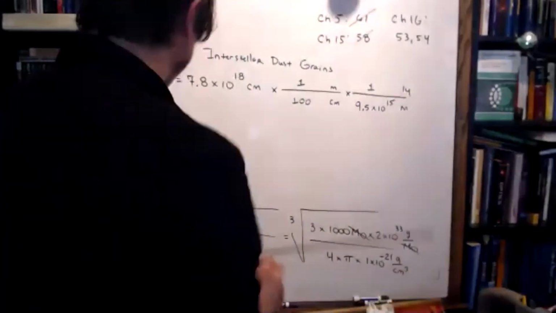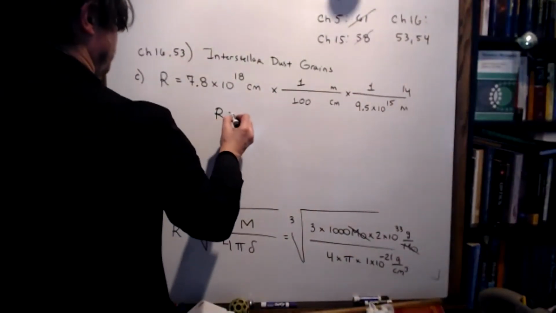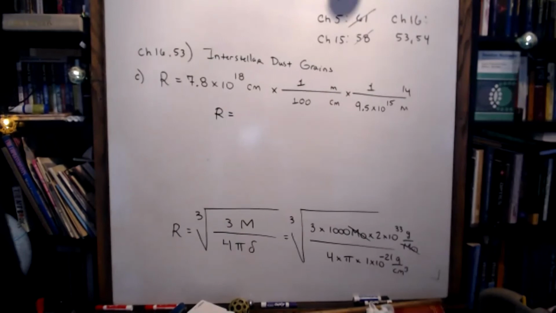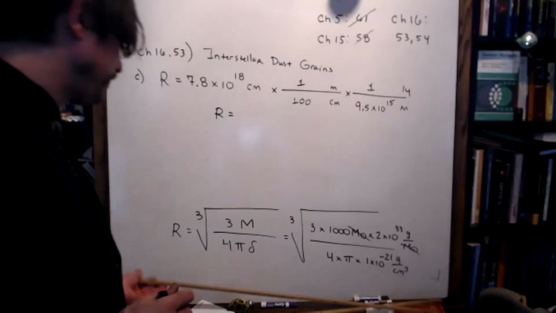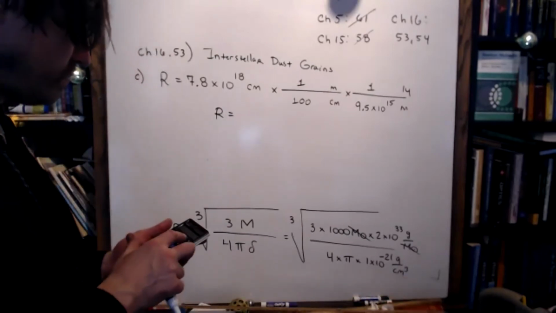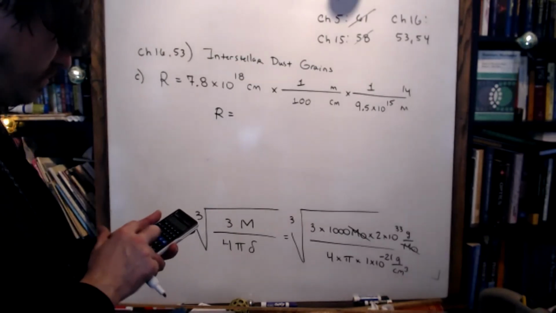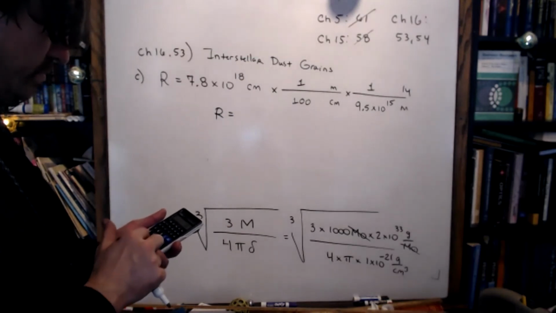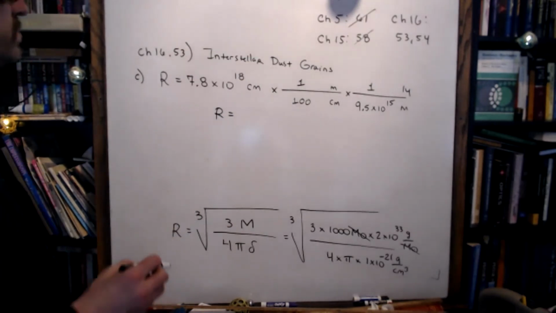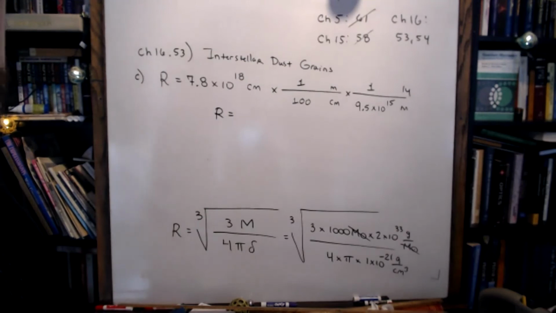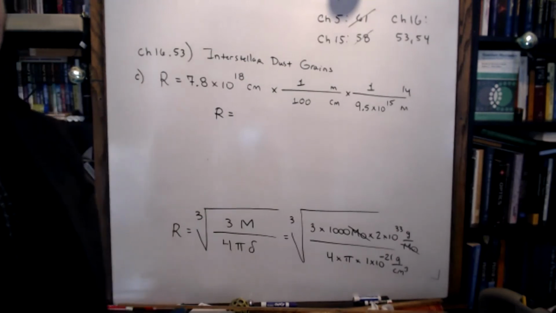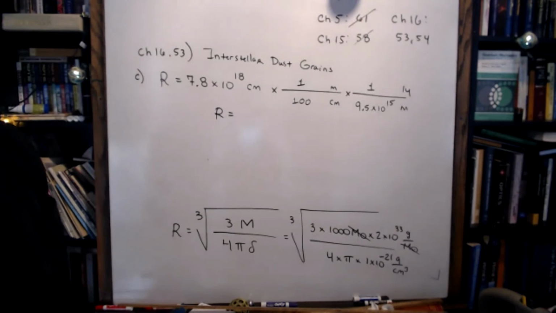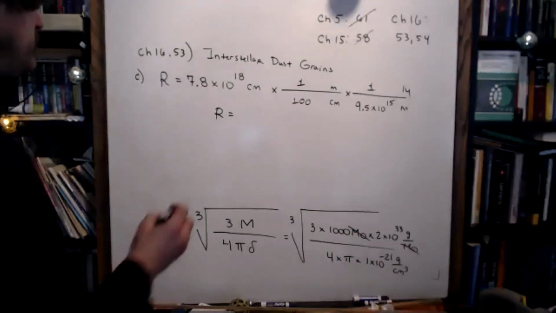So what's my radius then? 8.2 light years.